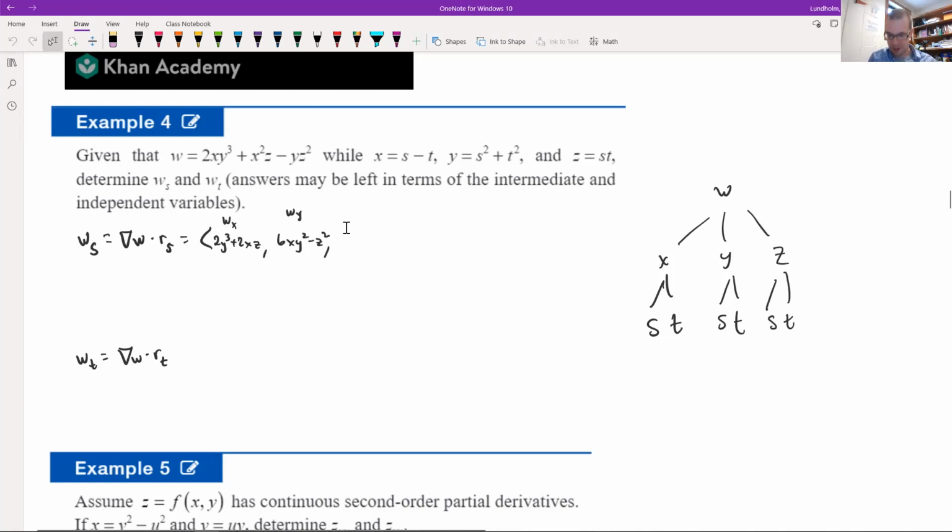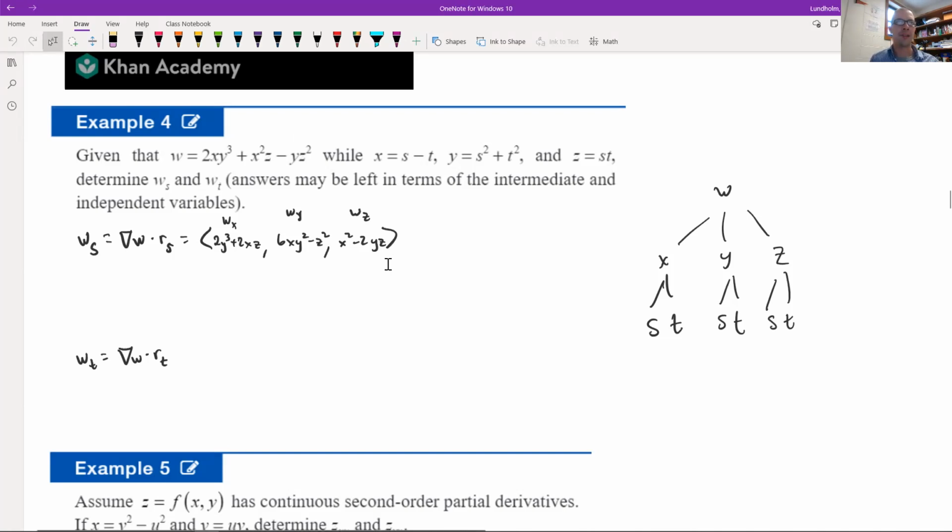Then we're finding the partial derivative of W with respect to Z. No z's here. There's one z here, so we get an x squared for that term, and so minus 2yz for that last term.